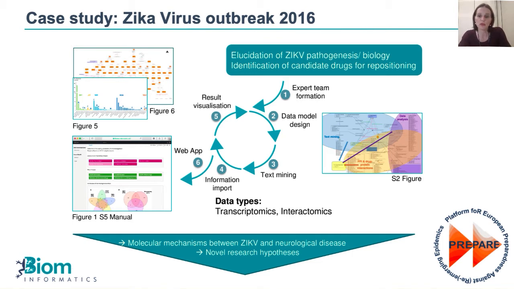Here, within this workflow, research objectives were first defined and then a 6-step process was applied. In the first step, an expert team was assembled. In the second step, a data model was designed.